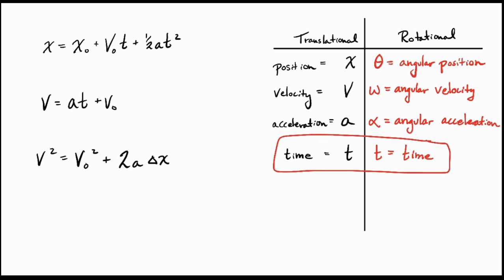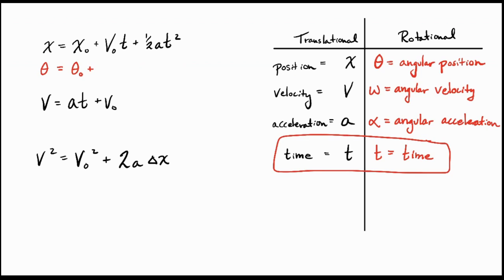All right, so why does this matter? Well, it matters because when you look at these kinematic equations, now all I need to do is plug in these other variables, because all of the physics is exactly the same. So the equations are the same. Instead of position, I'm going to put in angular position. Instead of starting position, I'm going to put in starting angular position.